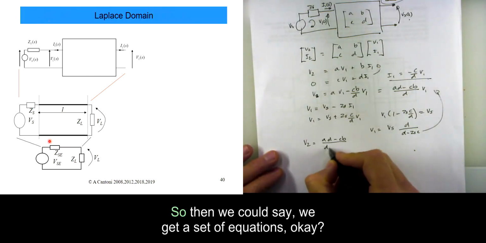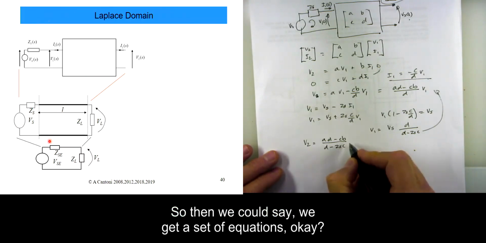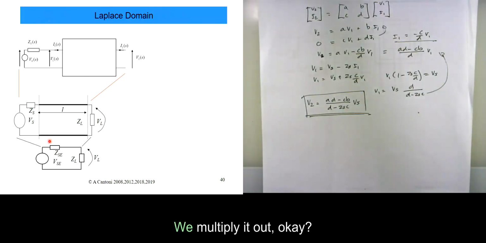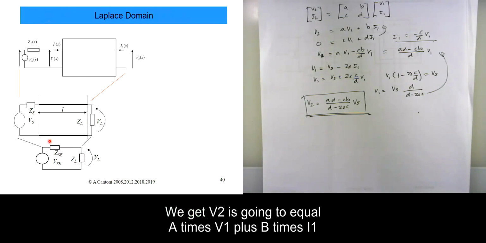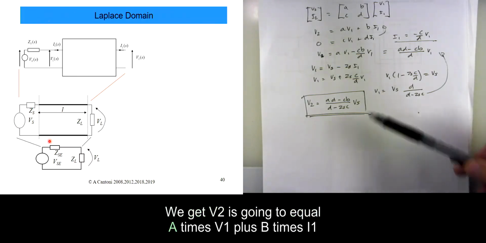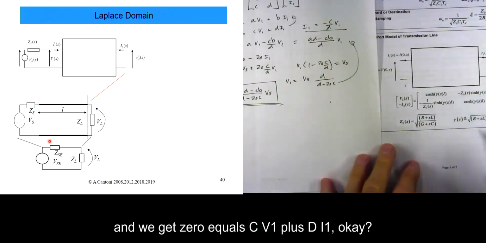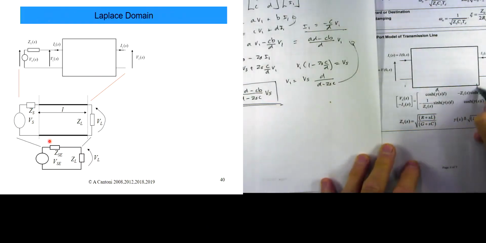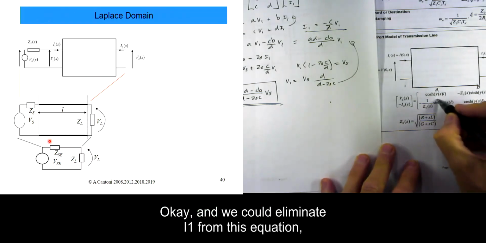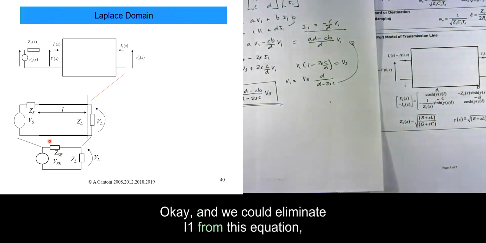Then we get a set of equations. Multiplying it out, V2 equals A times V1 plus B times I1, and 0 equals CV1 plus DI1. We can eliminate I1 from this equation.